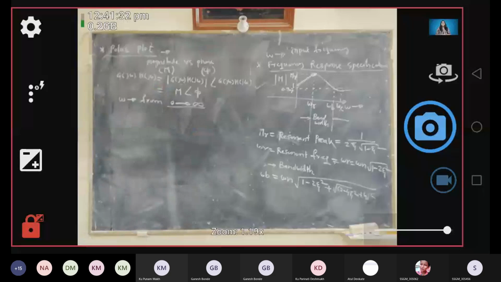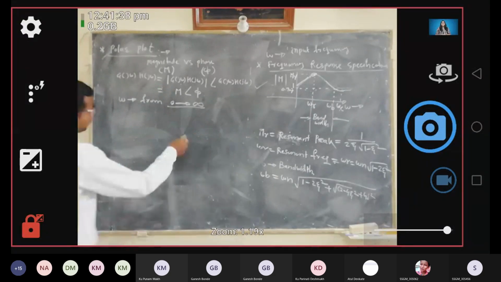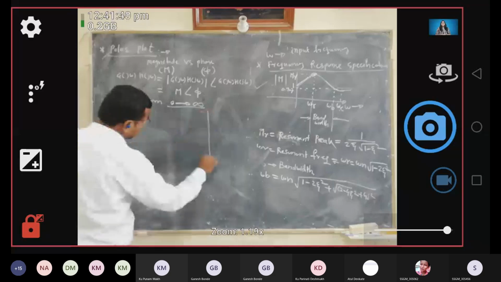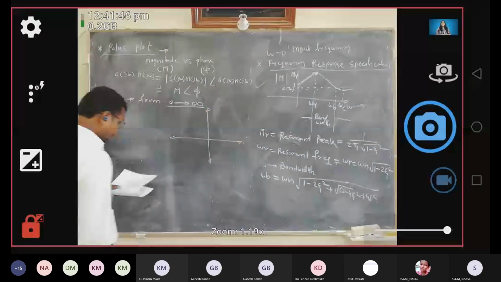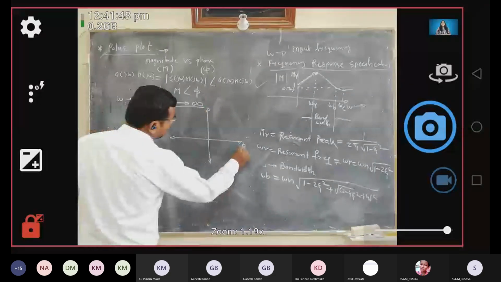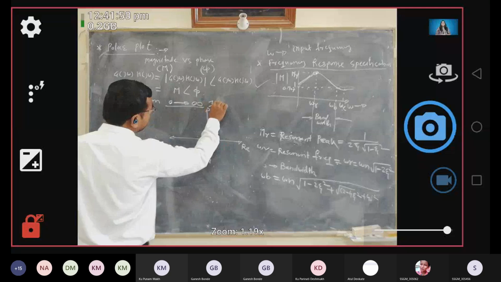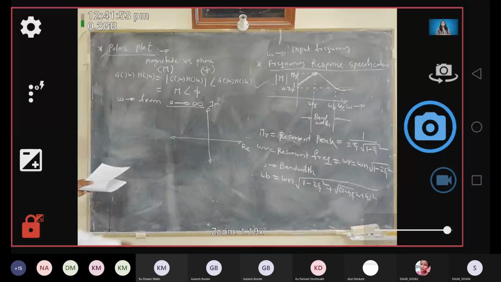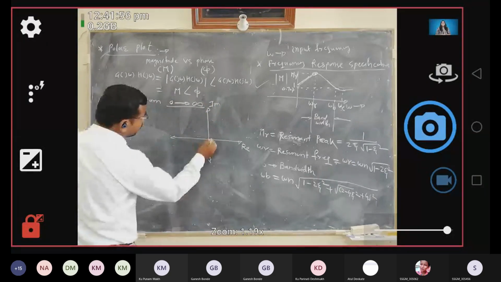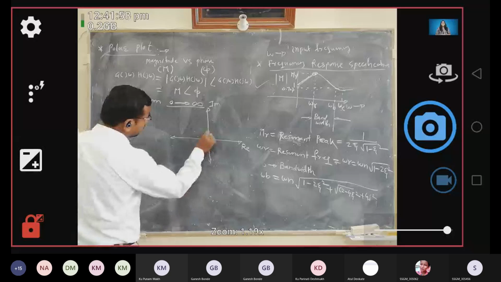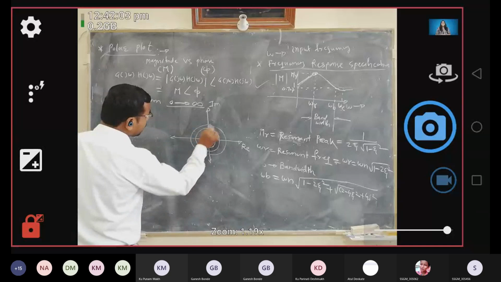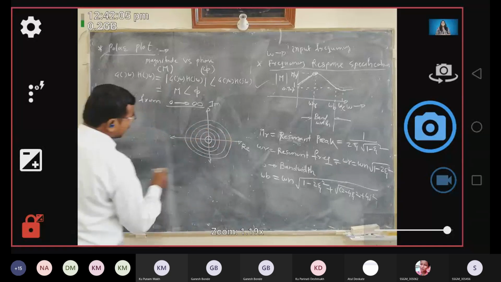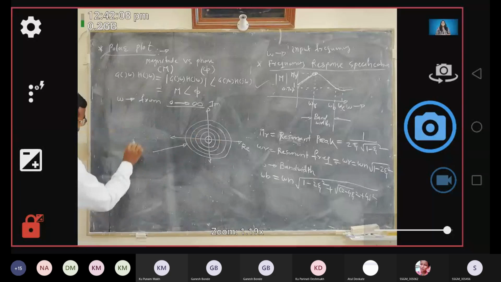Then what is the rough graphical structure of a polar plot? It consists of a structure like this. This is the complex plane, with the real axis and the imaginary axis. On this complex plane, we draw simple concentric circles like this. These concentric circles indicate the magnitude of the polar plot.